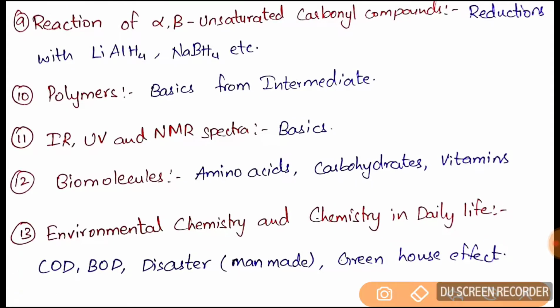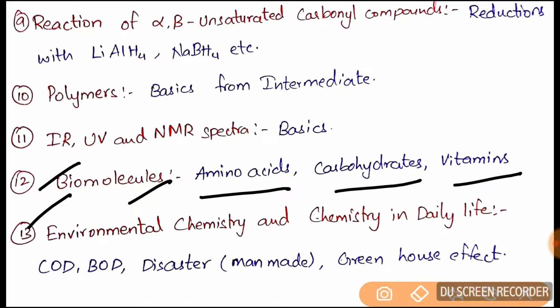from these areas, from biomolecules and environmental chemistry and chemistry in daily life, you can expect a definite question. And from biomolecules, amino acids, carbohydrates and vitamins are important. And all these are from intermediate level only. They'll be asking only intermediate level questions from biomolecules and also environmental chemistry and chemistry in daily life.